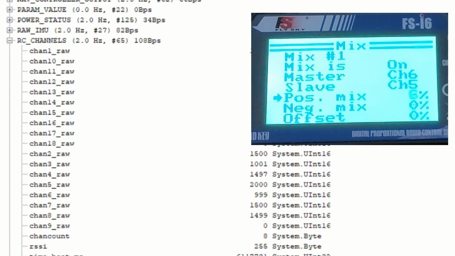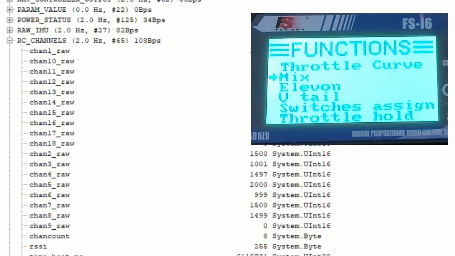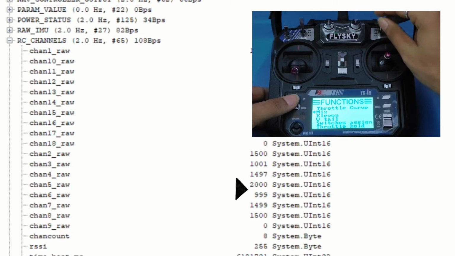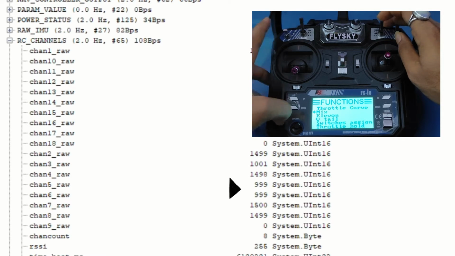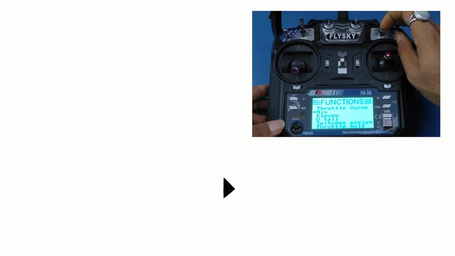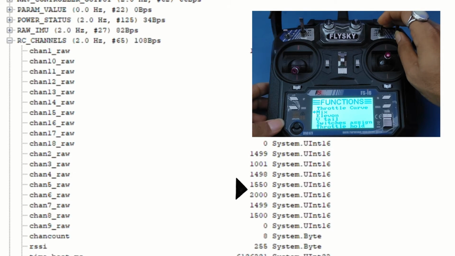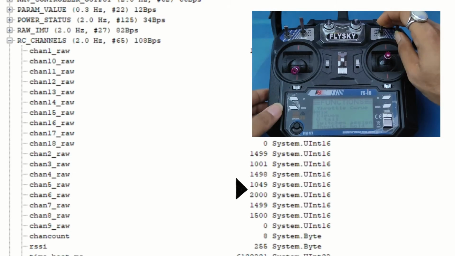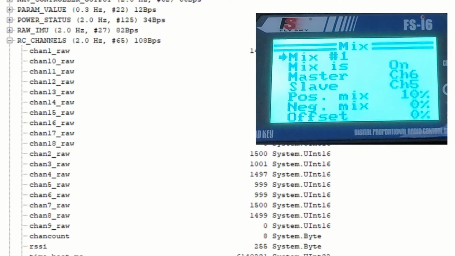When channel 6 is at 1000 value, or at the lowest extreme, the values are pretty normal, 1000, 1500 and 2000. But once we switch it to the other extreme, that is 2000, what we see is 1050, 1550 and 2000 as our values.